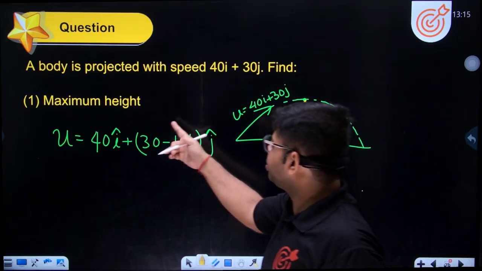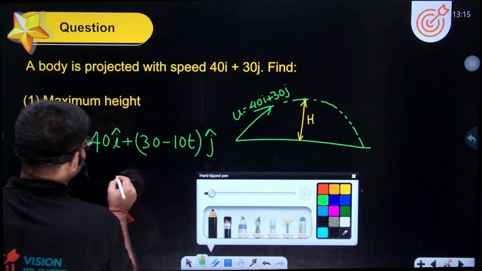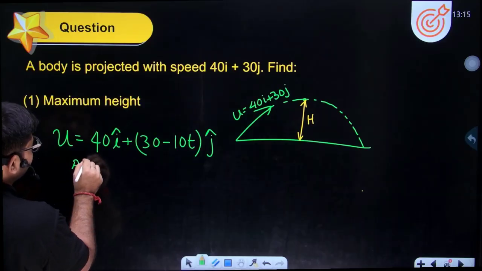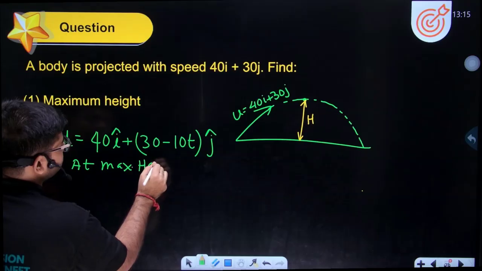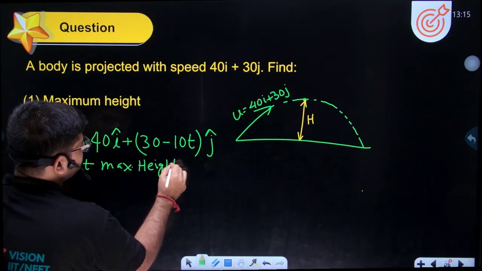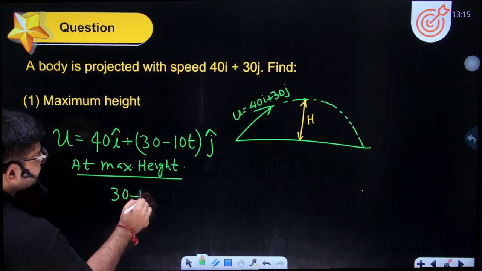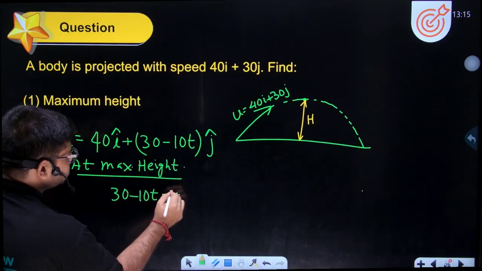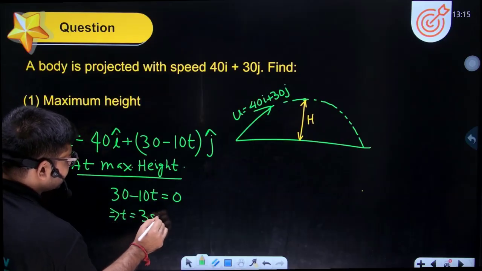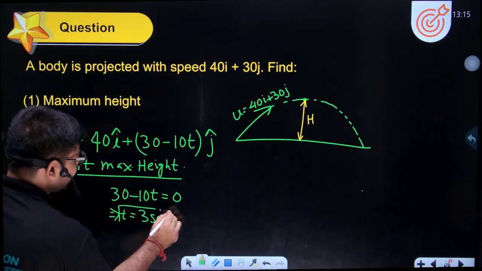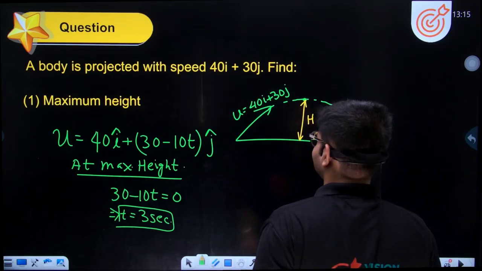So you put the uy as 0 here. That means at maximum height, 30 minus 10t is equal to 0. So your t becomes 3 seconds. So at a time of 3 seconds, you are reaching the maximum height.